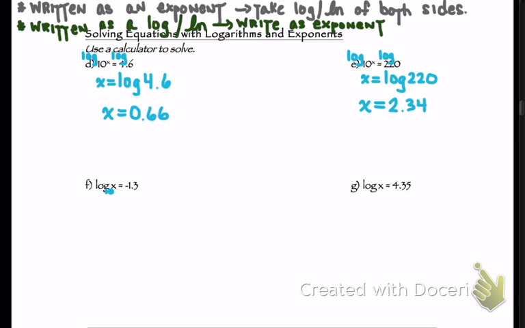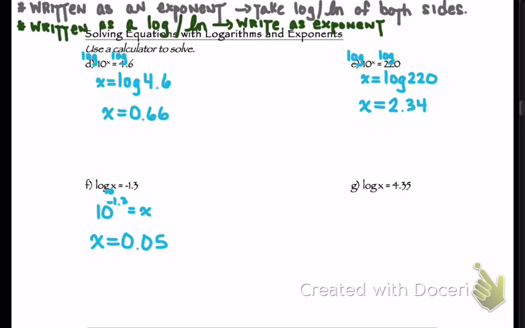So watch this. I can write it as an exponent saying 10 to the negative 1.3 power is equal to x. Think about what we did yesterday. Refresh your memory if you need to. That's how I write it as an exponent, and then I'm going to do 10 to the negative 1.3 in my calculator and get 0.05.